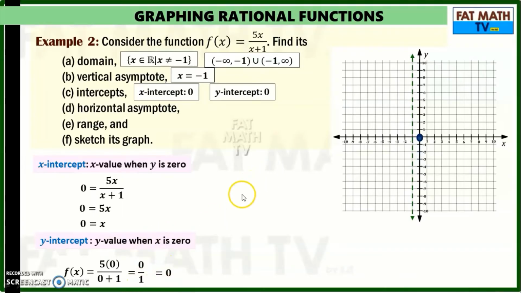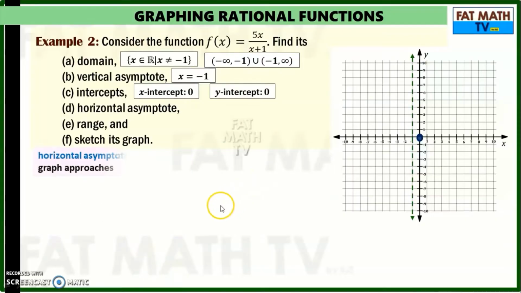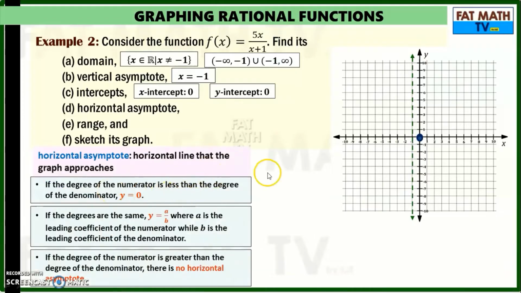For the horizontal asymptote, we need to look into the degrees of the numerator and denominator. What is the degree of 5x? That's the numerator. The highest exponent of x, so 1. How about the highest exponent of x in the denominator? It's also 1.